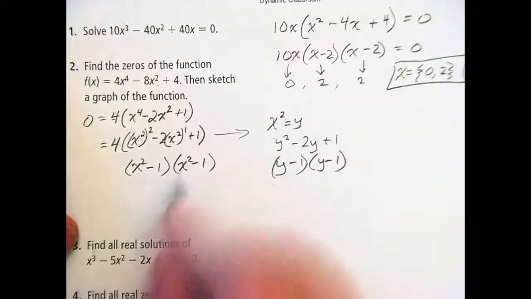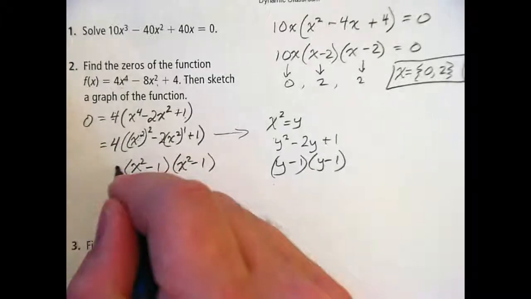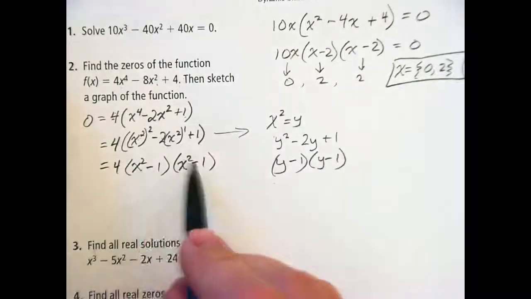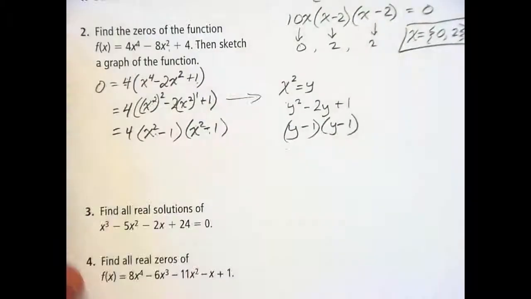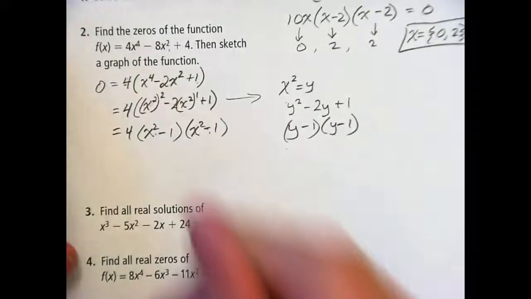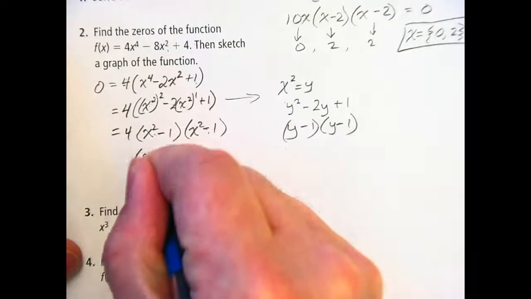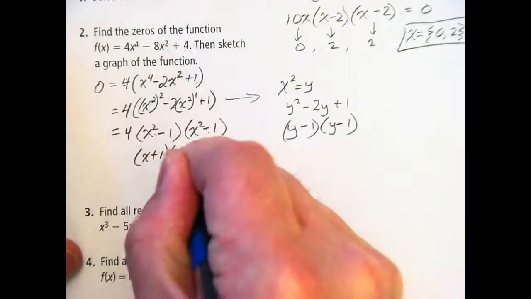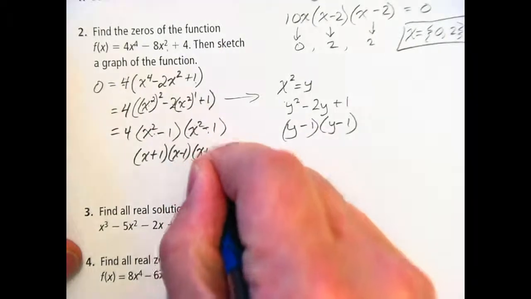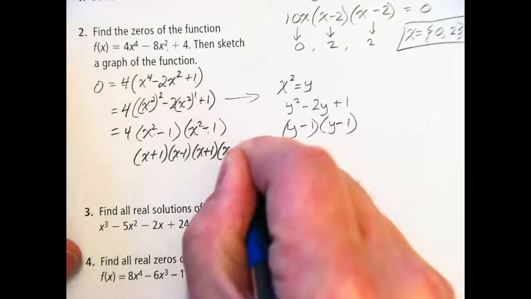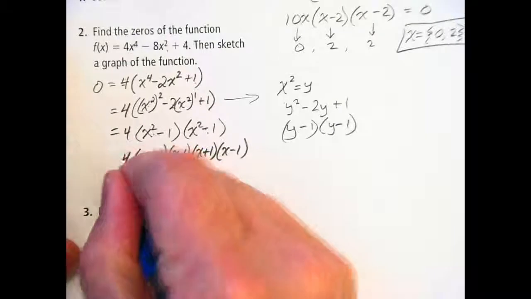So you would end up back here again. And we have our 4 on the outside. What are these things called? Difference of two perfect squares. Yes, so we get x plus 1, x minus 1, and for this we also get x plus 1, x minus 1. So we've now factored that completely.